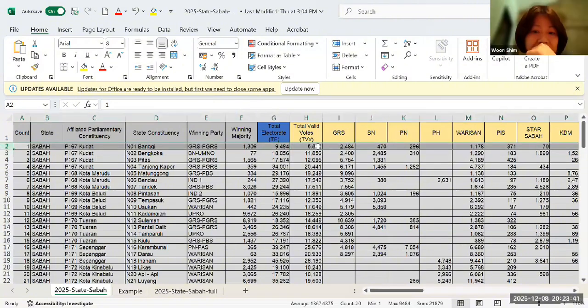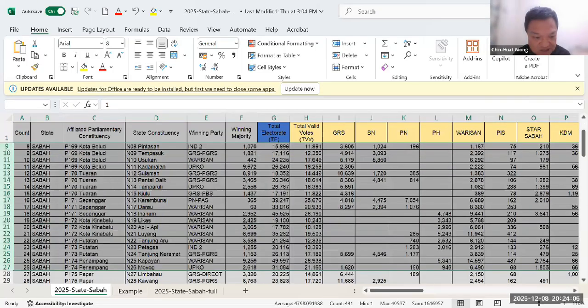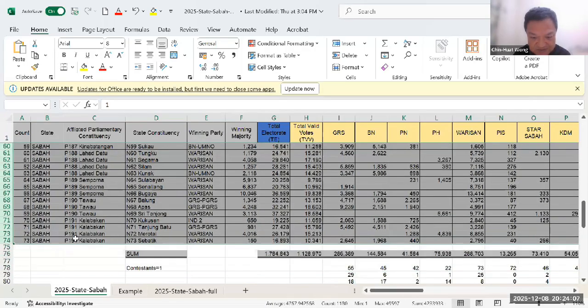Meaning the 55% of the total votes are wasted and don't get the seats. Exactly, right? The 55% of the voting electorate in Bangi did not get any representation, right? Now you do the same, you'll be able to calculate all the 73, right?